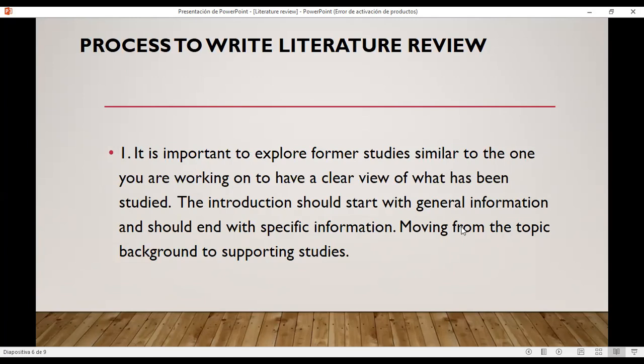So there are different types of literature review also for exact science, for example, for engineering. There is a different process to follow. But the purpose is the same, and the reason of doing the literature review is going to be the same. So here we have the first step.